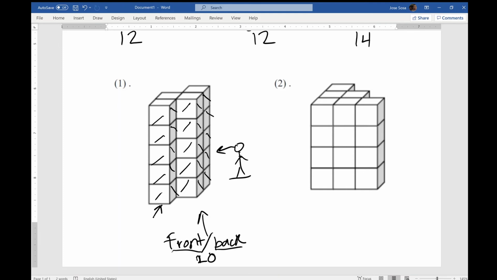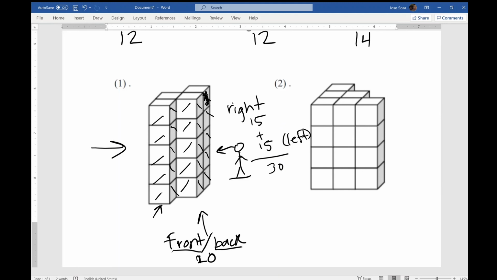Okay, 15 for the right side, but then another 15 from the left side. So a total of 30, because the left is on this side, and it's going to be the exact same as this other right side.